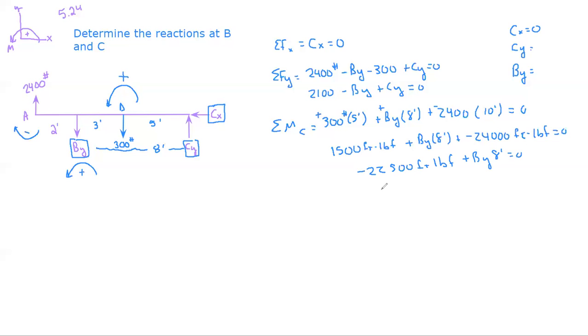Add 22,500 foot-pound force to both sides and divide both sides. Well, I'll just do it in 2 steps. By times 8 feet is equal to 22,500 foot-pound force. Divide both sides by 8. We get that By is equal to 2,812.5 pounds.